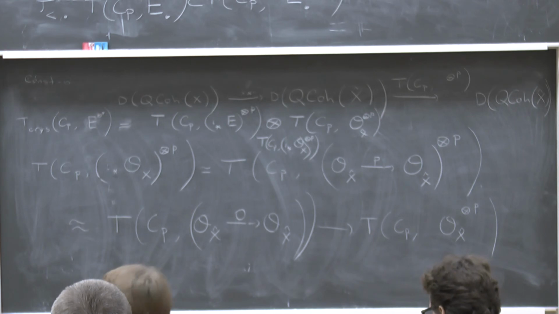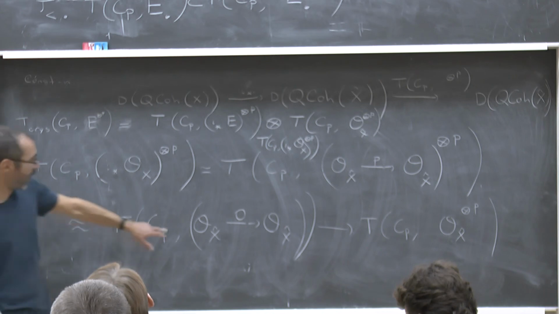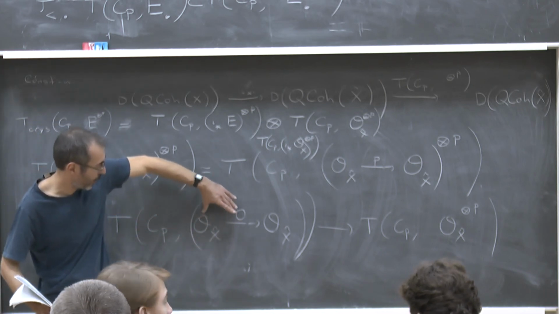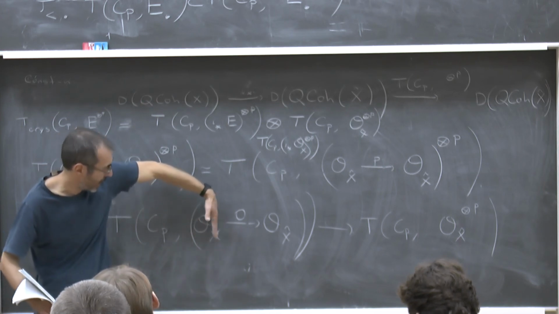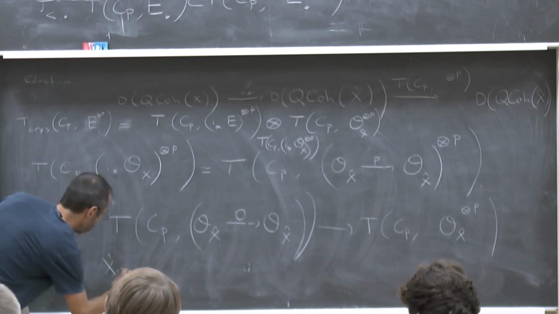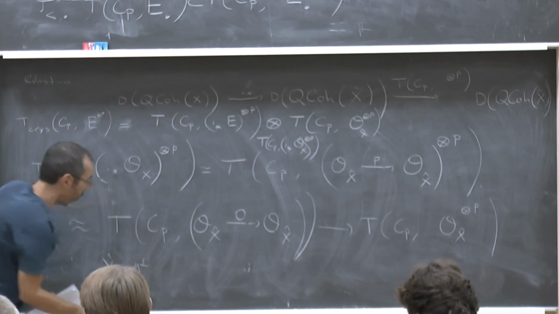So when you go from P to 0, you said something about connection, but the connection doesn't go in the 0 to P direction, it goes only in the... Yeah, but I mean, you can think of this as a complex of sheaves on X hat times A1. So what is this complex?